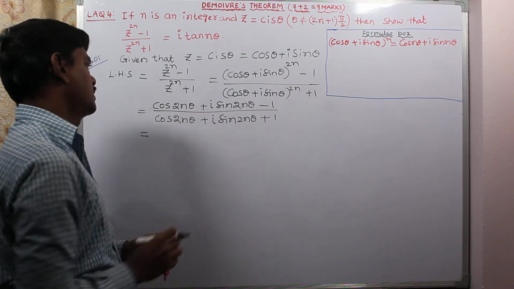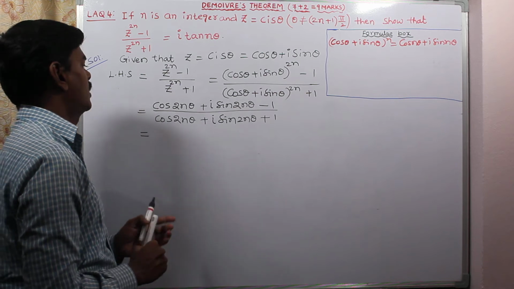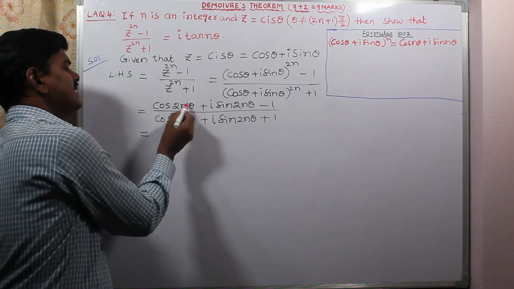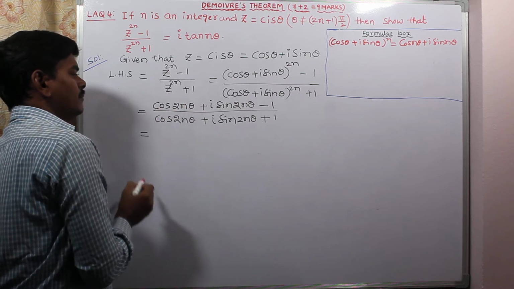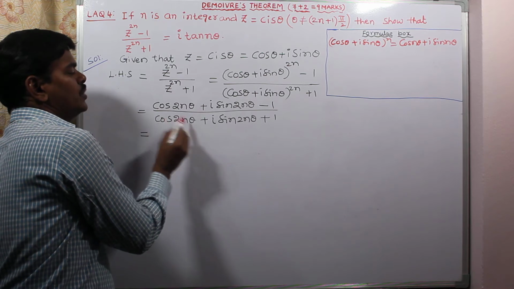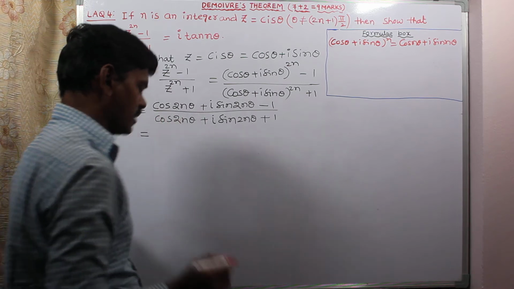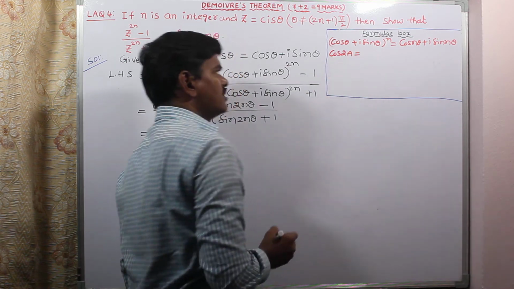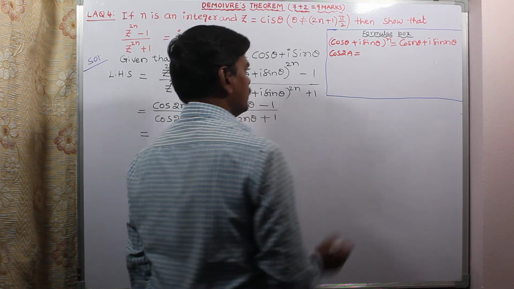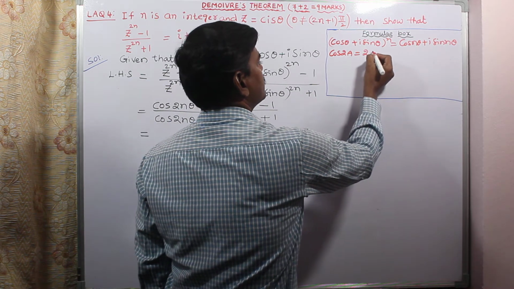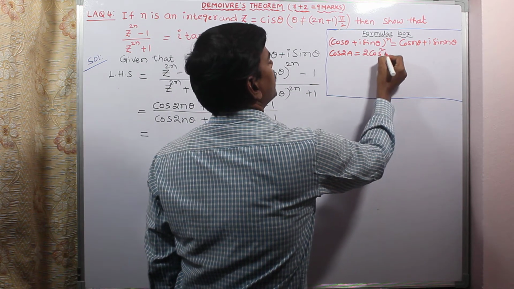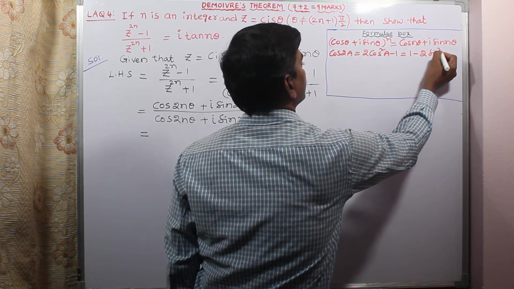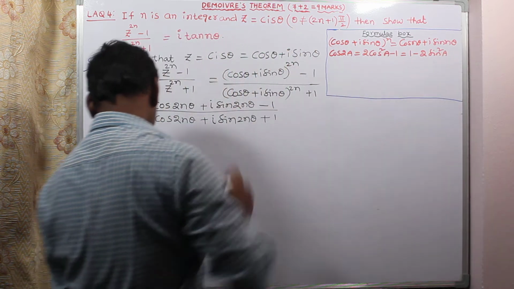Now it is time to recall trigonometry formulas. If you assume n theta as a, it looks like cos 2a, here also cos 2a. We have two formulas for cos 2a, and depending on the situation we have to use one. One is 2 cos square a minus 1 and the other is 1 minus 2 sin square a.